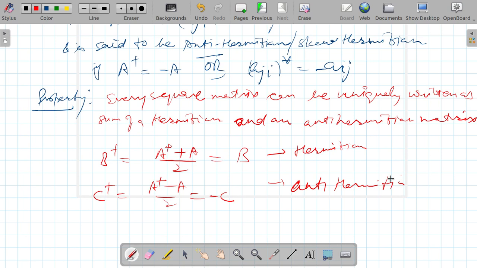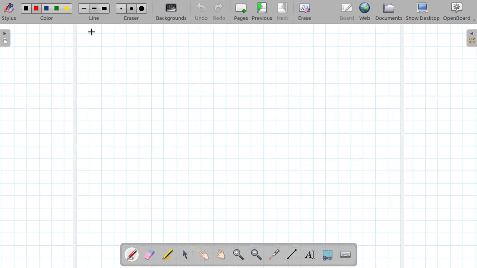Then next is a property, or the next matrix we will define as normal matrix.